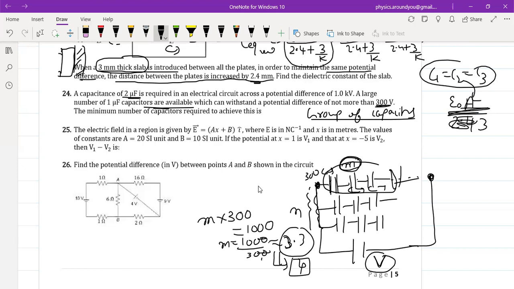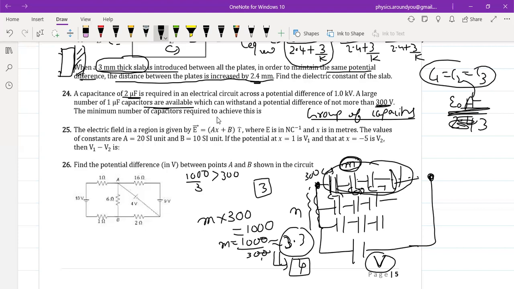If the number of capacitors is 3, not 4, then what would happen to the individual voltage across each capacitor? It would be 1000 by 3, which is definitely greater than 300. But 1000 by 4 is less than 300. So what is the minimum number of capacitors that can be connected in series? It is 4 in number.